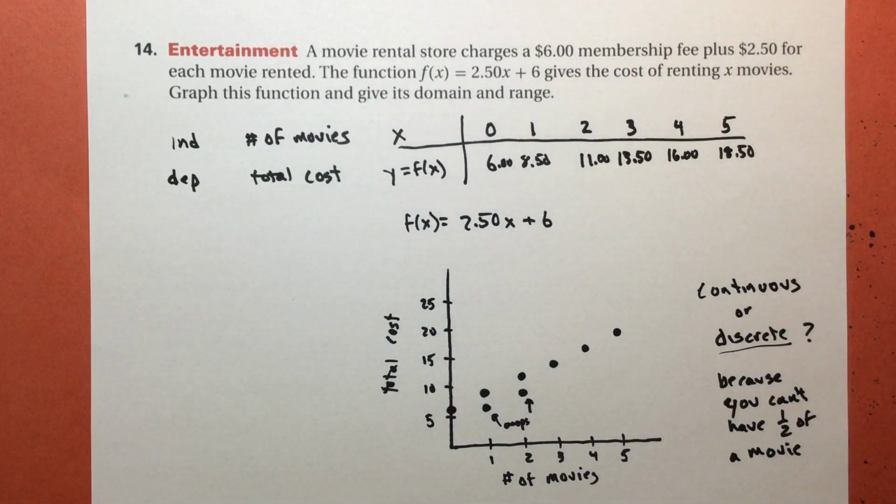I mean, certainly you don't have to watch the whole thing, but they're not going to let you rent only half of a movie and pay less, okay? So that's not how it works. So we're going to leave it. We're not going to connect the dots.